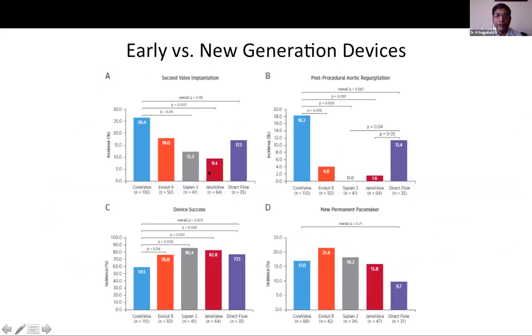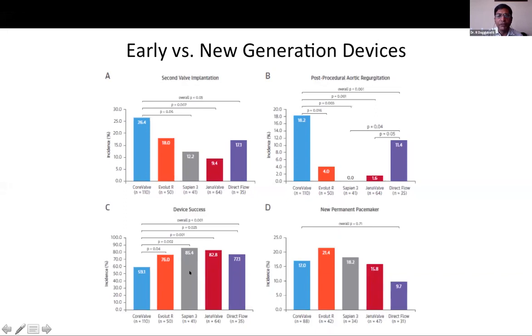Obviously, the one in the magenta, the Jena Valve, or the Direct Flow appear to be much better than all the others, including S3. So the need for second valve implantation is about 9.4% with the Jena Valve, and the post-procedural aortic regurgitation is 1.6%. New permanent pacemakers are about 15.8%, and the device success is about 82% with the Jena Valve.